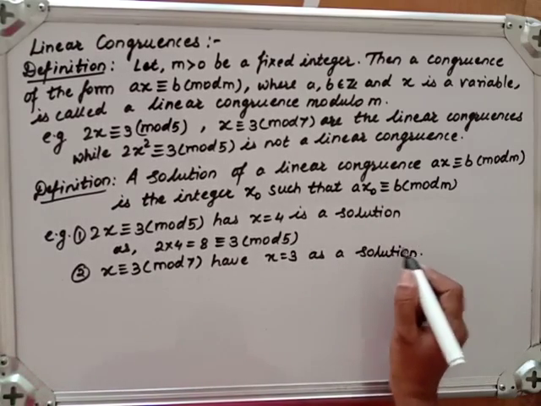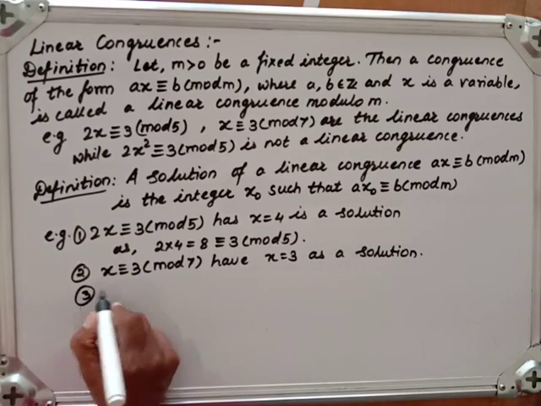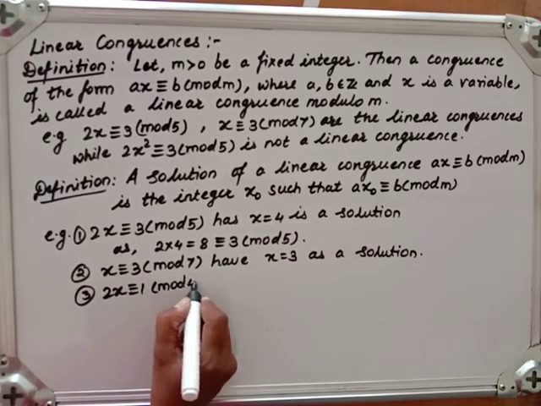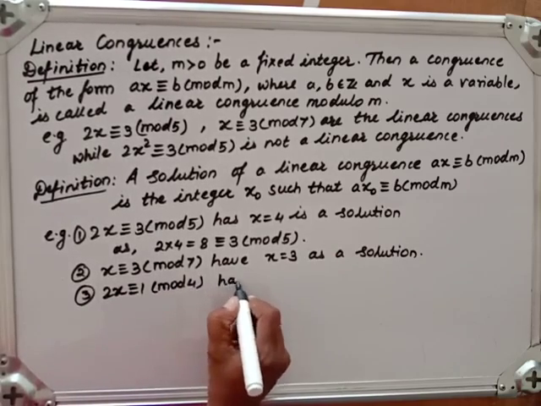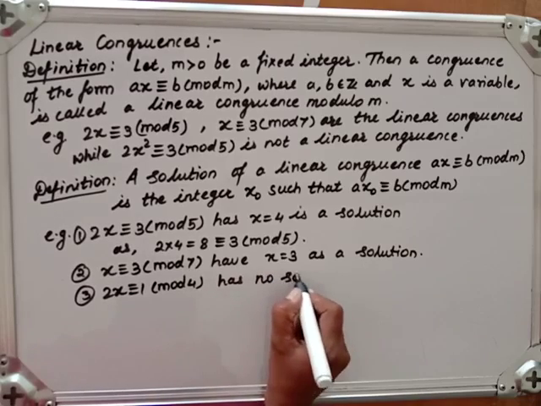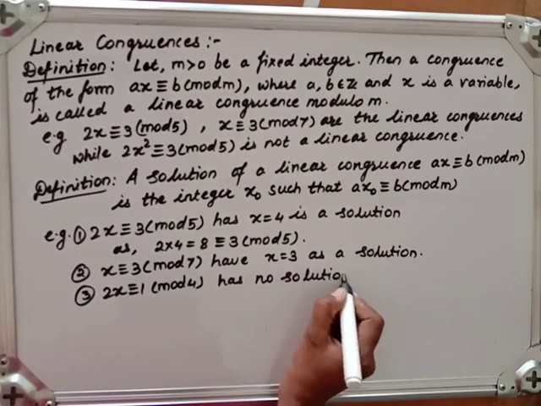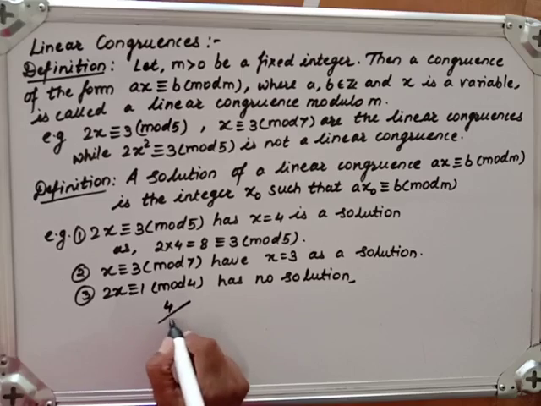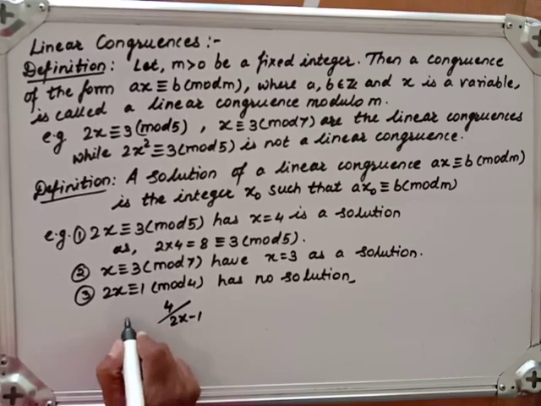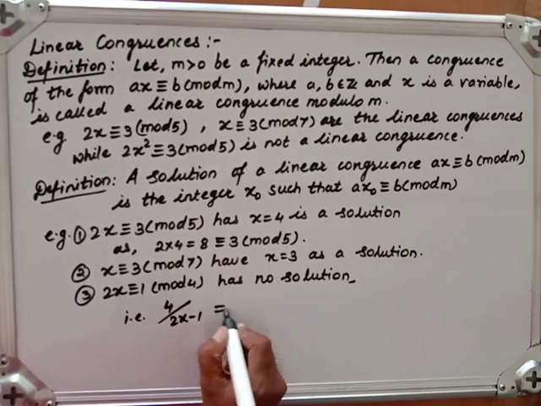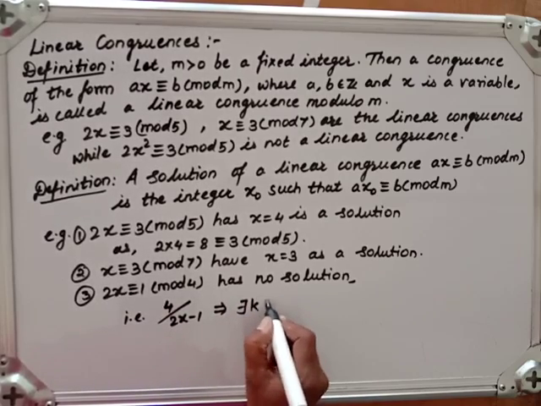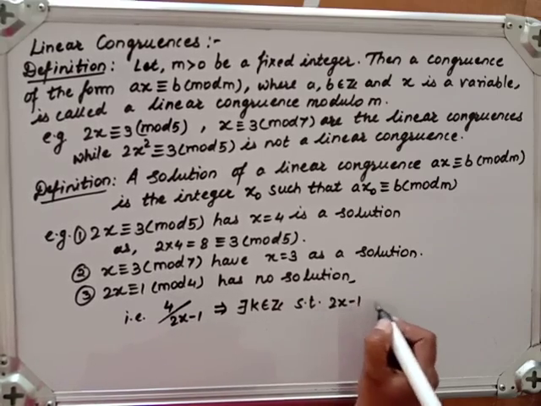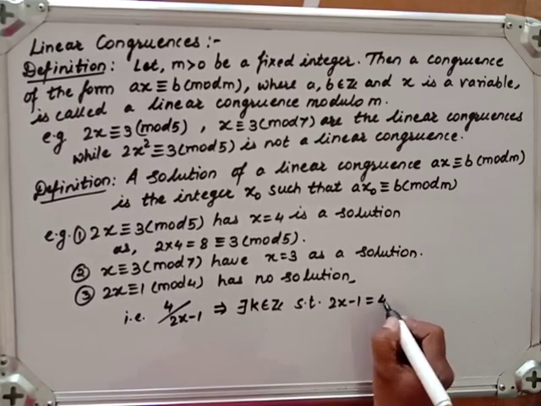Now the next one, 2x congruent to 1 modulo 4 has no solution. Why? Look here, 2x congruent to 1 modulo 4 means 4 divides 2x minus 1. That is the same as there exists some integer k such that 2x minus 1 is equal to 4k.